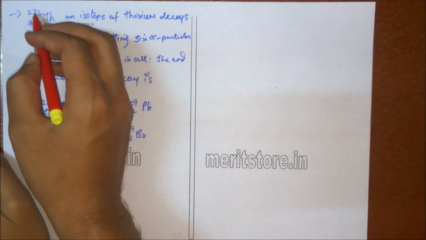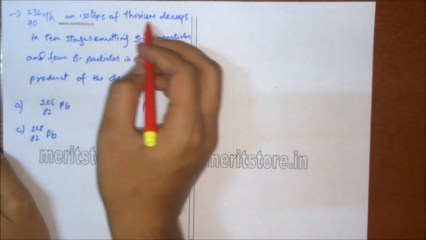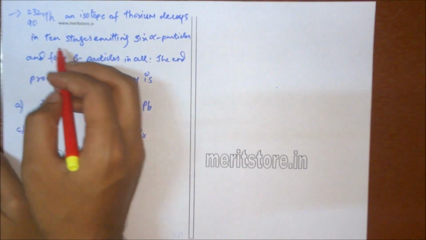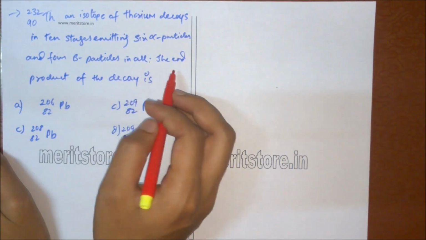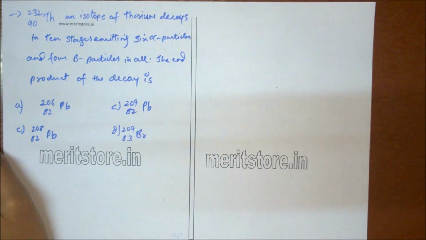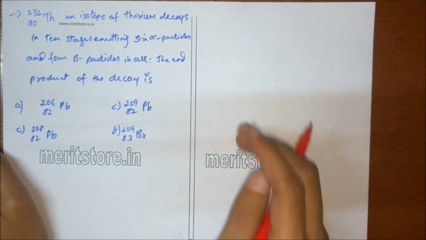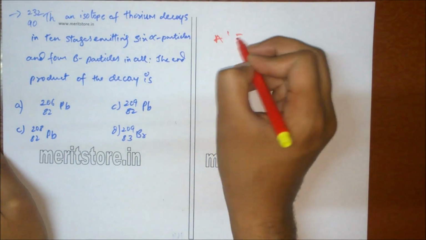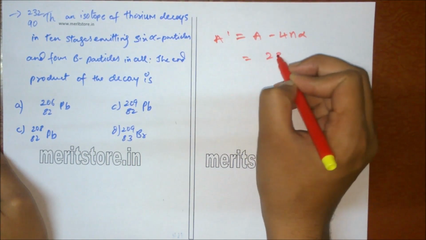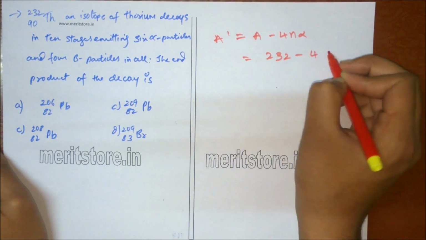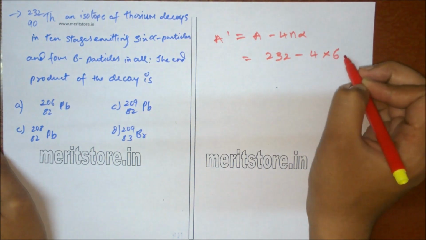Th element with mass 232 and atomic number 90, an isotope of thorium, decays in 10 stages, emitting 6 alpha particles and 4 beta particles in all. The end product of the decay is, so the new mass formed, which is A dash, is equal to A minus 4 n alpha. We can write this as 232 minus 4 into 6.